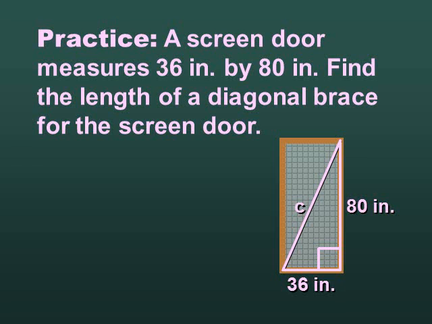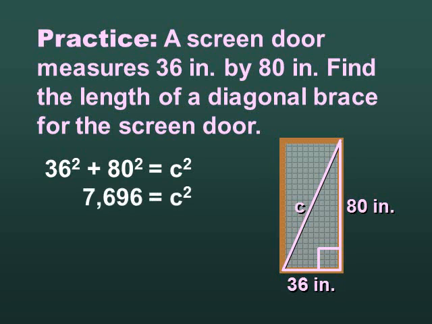Or, let's hope so. It's not a hobbit house. And I'm going to go ahead and square each side, and it should equal my diagonal squared. And then I have to take the square root of both sides. When you have to take the square root of both sides, it's okay to give me a decimal. I generally prefer to the hundredths place instead of to the tenths, like this example.